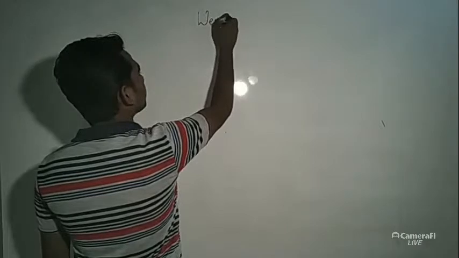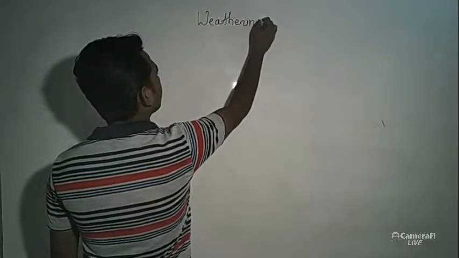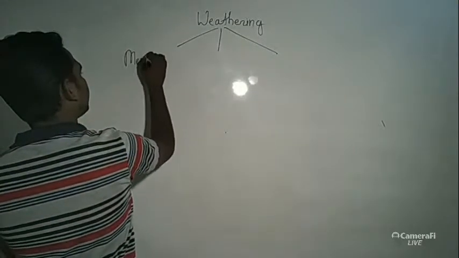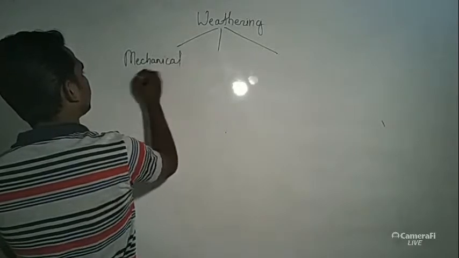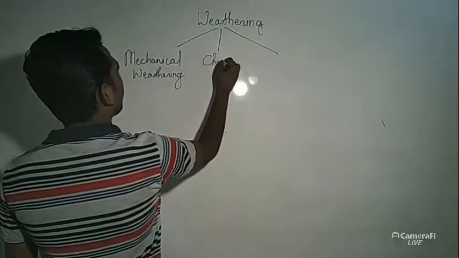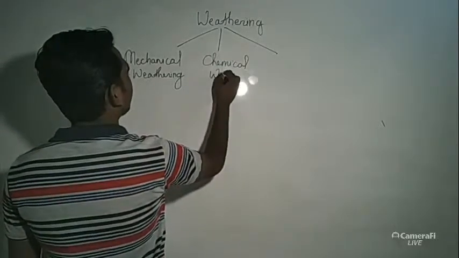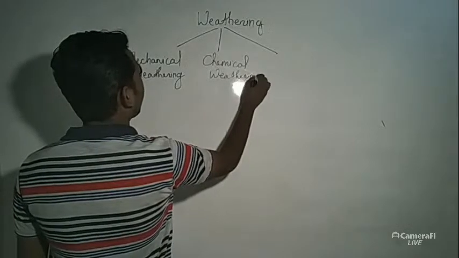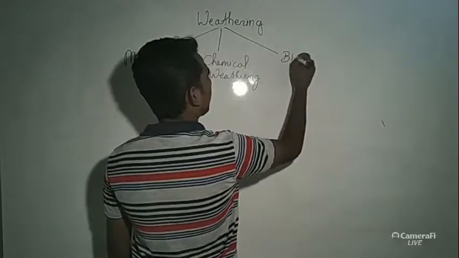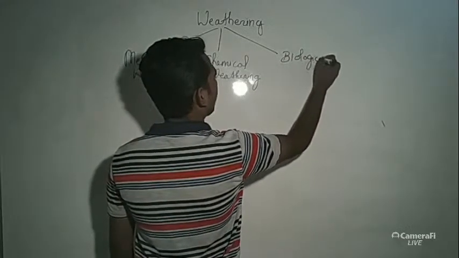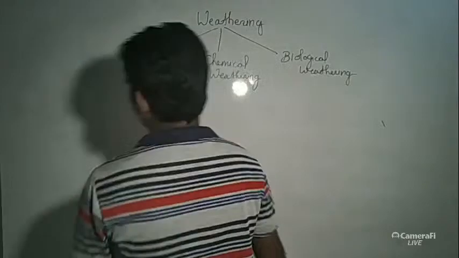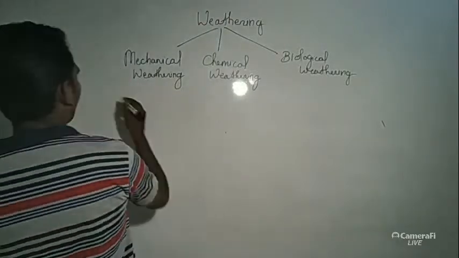Weathering has been classified into three different sections: mechanical, chemical, and biological weathering. Let's discuss one by one.